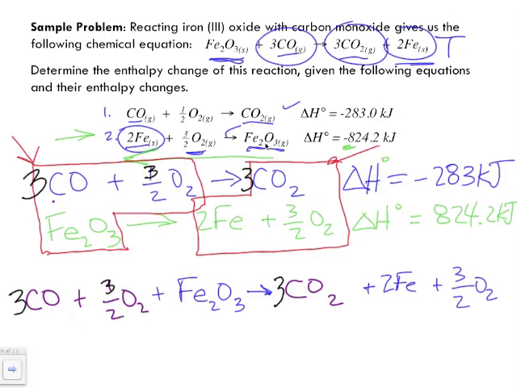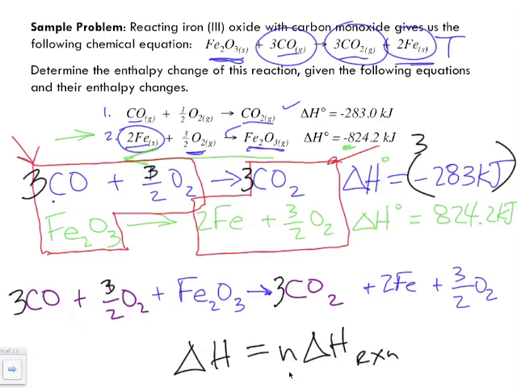Now, not only do I multiply those by 3, but I have to multiply this delta H by 3, because remember the equation, delta H is equal to n delta H of the reaction, right? So if the mole number changes, so will the change in enthalpy, by however many moles.